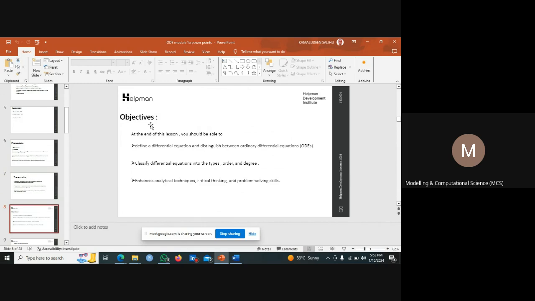Number three, to enhance analytical techniques, critical thinking, and problem solving skills. This is very important in this course, and it is an objective we must check to see whether it is being achieved or not.